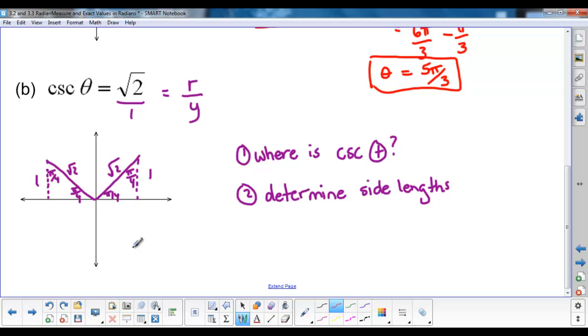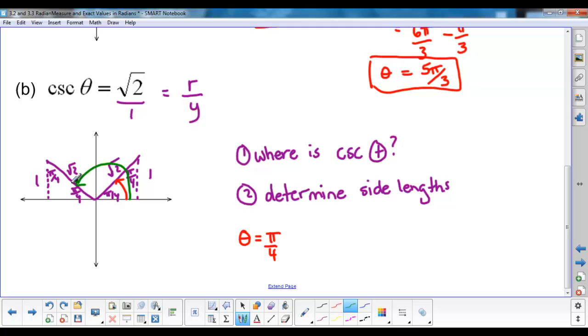Now finally, you just need to determine what theta is. Start in standard position and rotate counterclockwise. Clearly the first theta here is just pi by 4. Then again, start in standard position and rotate counterclockwise until you hit the next terminal arm. We want to find the value of that green angle. Keep in mind, going all the way to the other side of the x-axis would be pi radians.